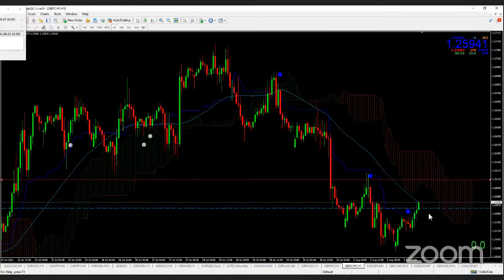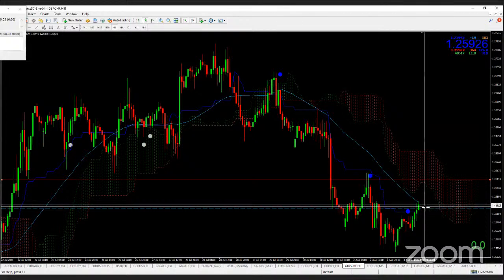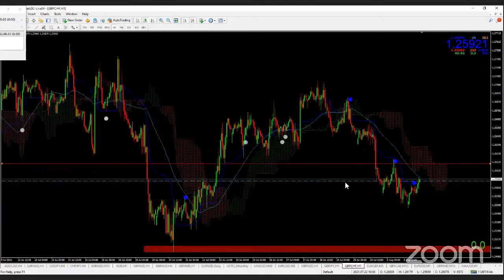So basically this is where we entered. And with this, even though this is where I'm saying we jump in, if we get a pullback, you can still get in.